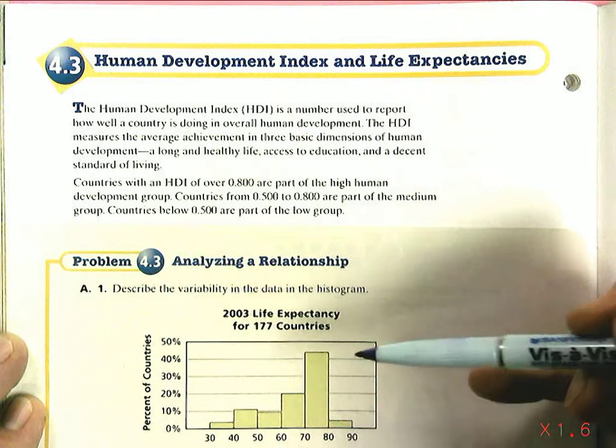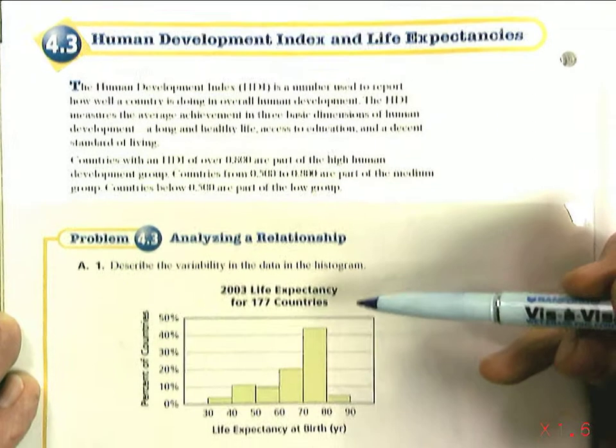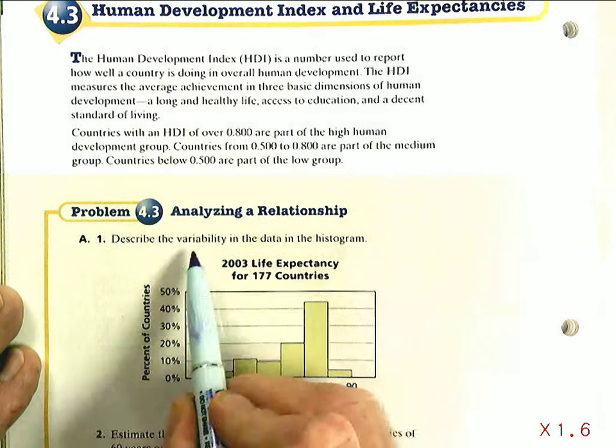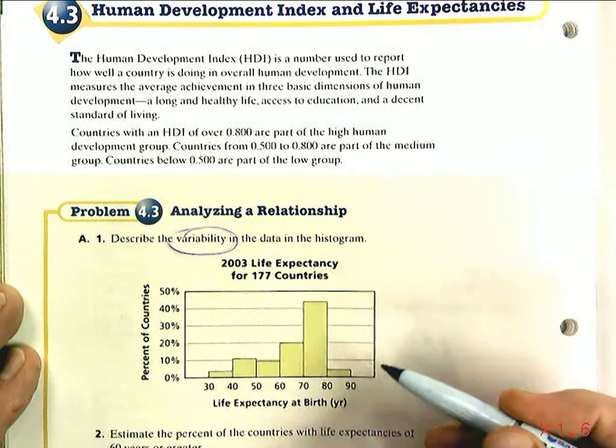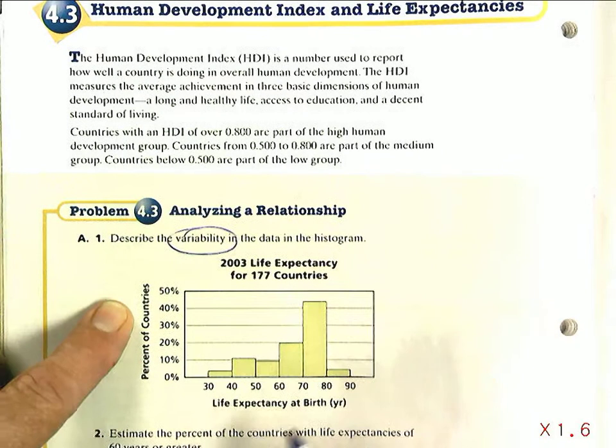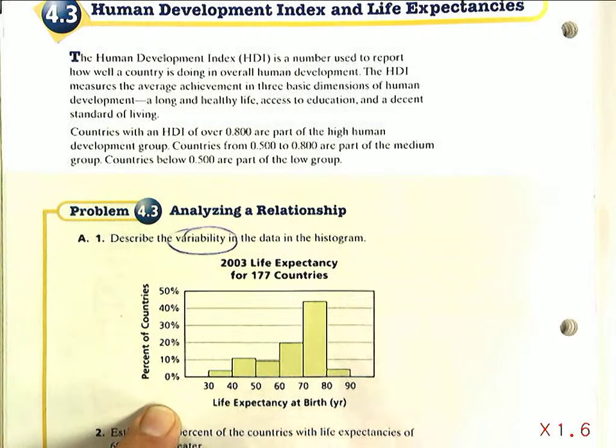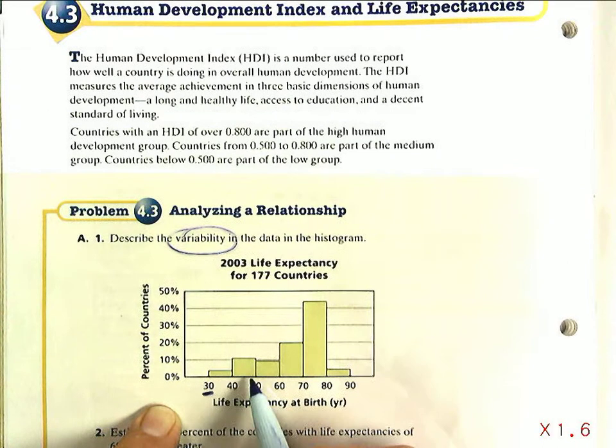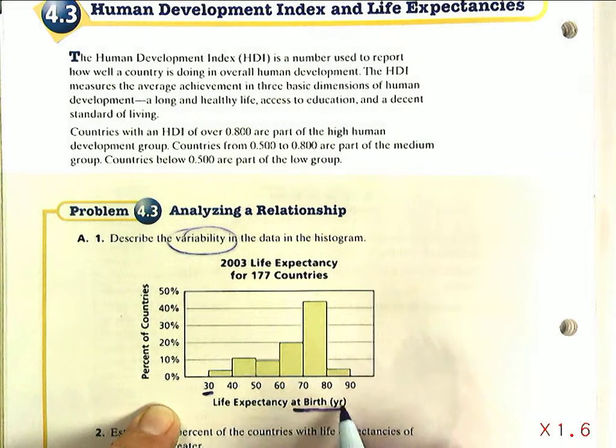And so if you look at this chart and we want to describe the variability of the data, the data varies. This is your life expectancy, so people that live to be 30 to 40, in this range, about 5% of those countries. And here, living to 40 to 50, this is their life expectancy. In other words, how long do people live?